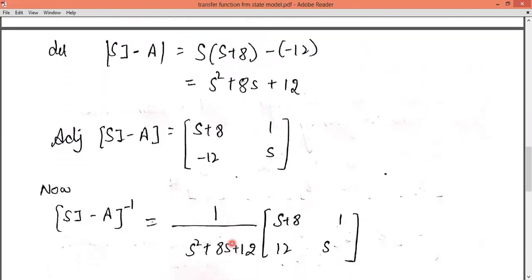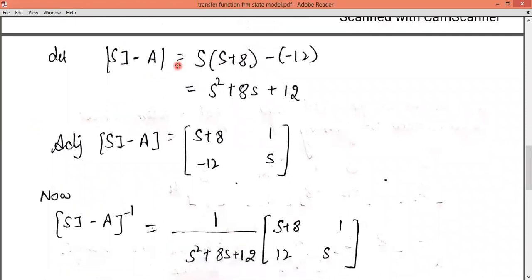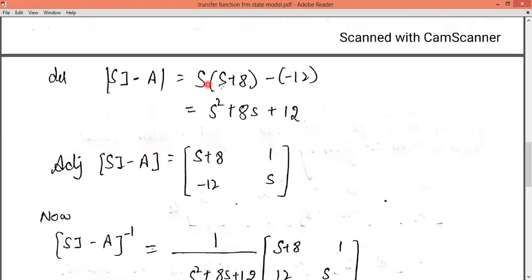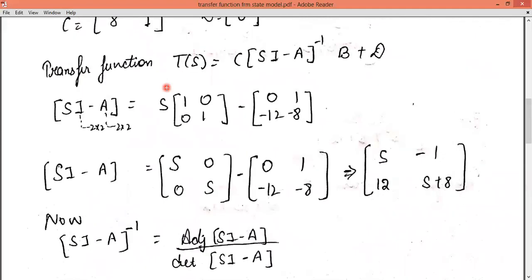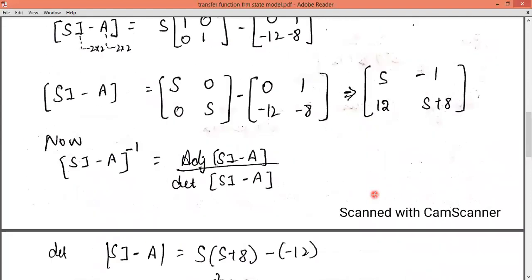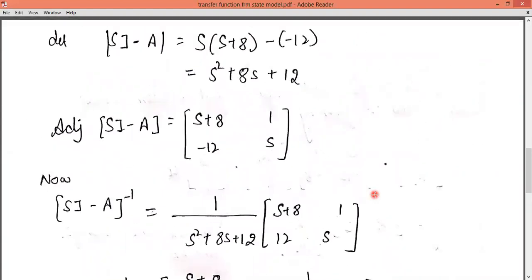The determinant of sI minus A equals s times (s plus 8) minus (minus 1) times 12. To find the determinant, you always cross multiply and then subtract. So ultimately we get this equation.